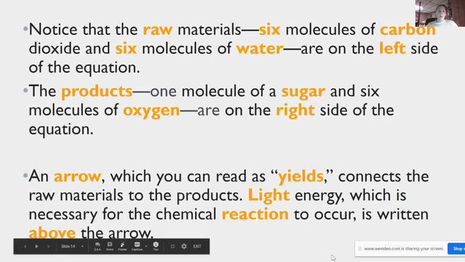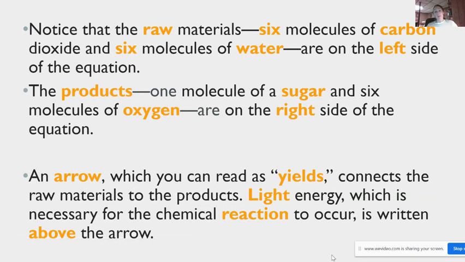Those raw materials, there's 6 molecules of carbon dioxide and 6 molecules of water. They are on the left side of the equation, which is what we call the reactants or the raw materials. And then the products, or what's produced, there's 1 molecule of sugar and 6 molecules of oxygen, on the right side of the equation.